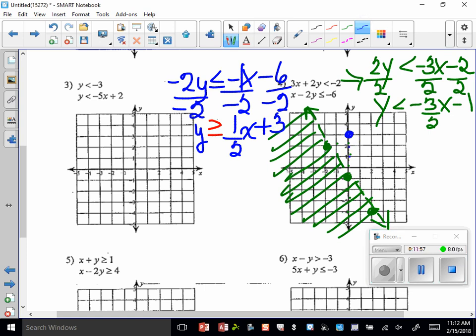Graphing with what number? 3. 1, 2, 3. Okay, my slope is 1/2. I can go up 1 over 2. I can also do a double negative, go down 1 over 2. And this is also going to be a solid line. All right, well, the other one was dashed. Okay, and then which way do we shade?